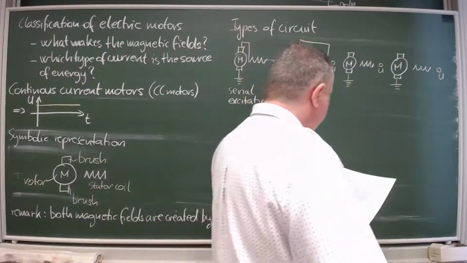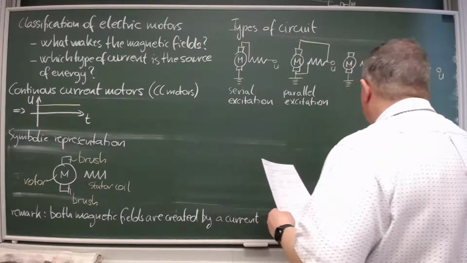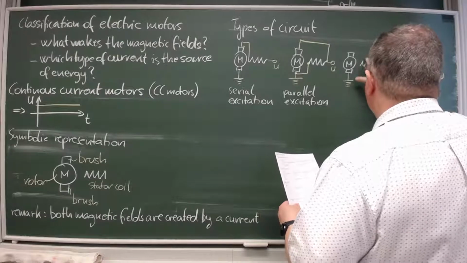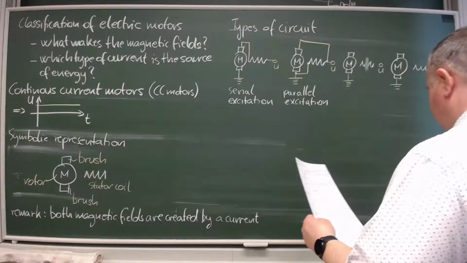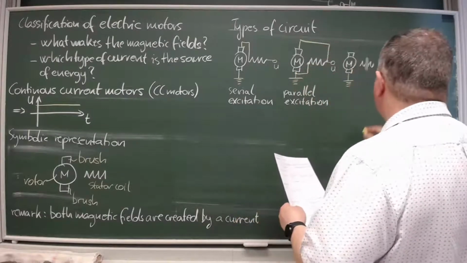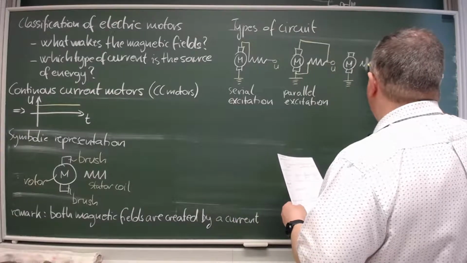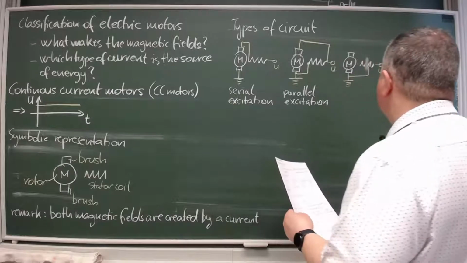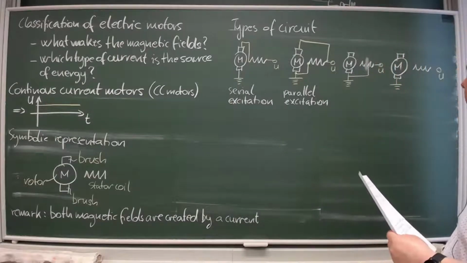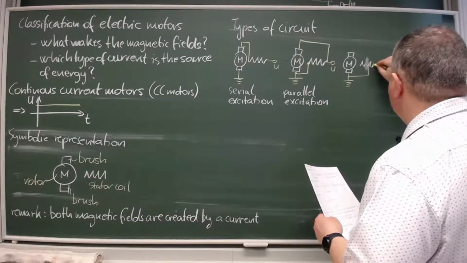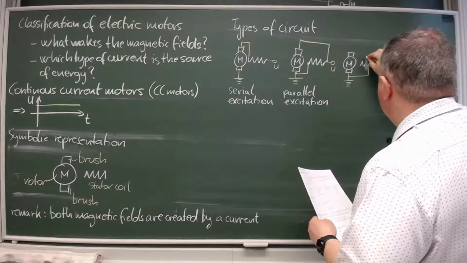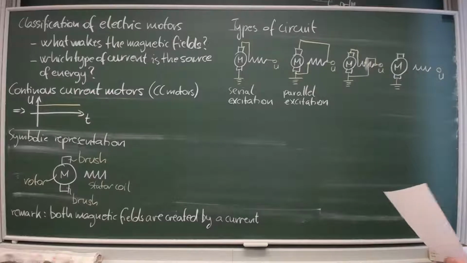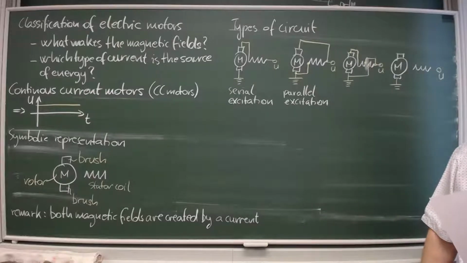And the number 3 is a bit more complicated. I will try to make a bit of drawing. So here you get a part of the coil that goes in parallel, and you've got a second part of the coil that goes in series with the rotor.